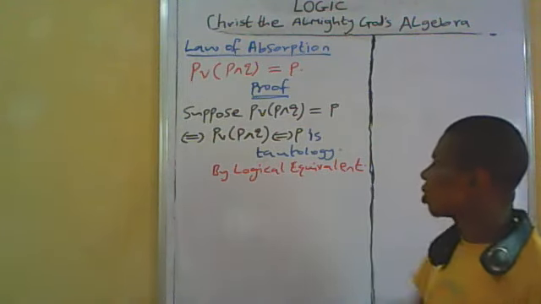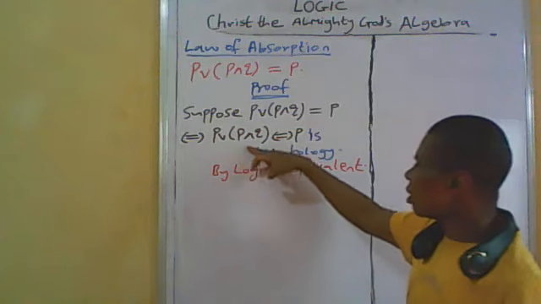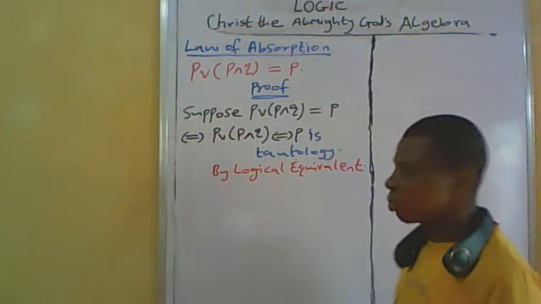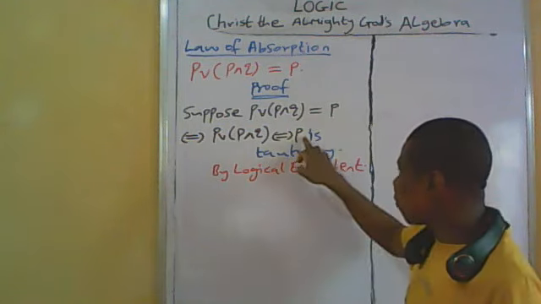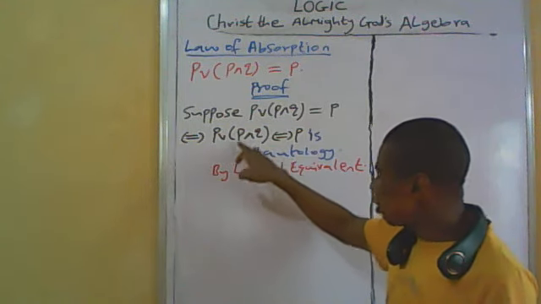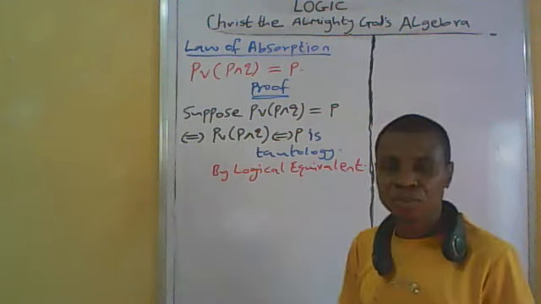In the sense that whenever the left equivalent is true, the right equivalent must also be true. In the same vein, whenever the right equivalent is false, the left equivalent must also be false.